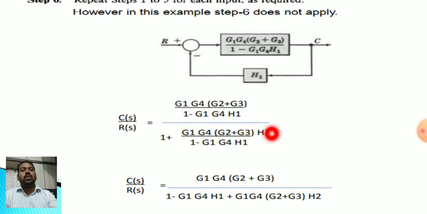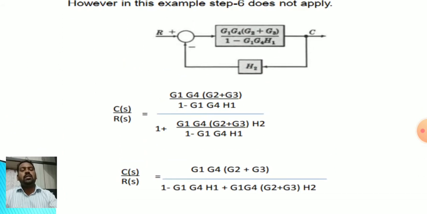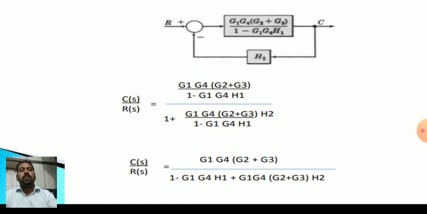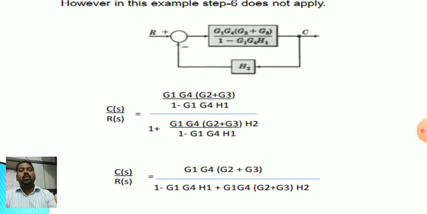Further you can simplify if possible, that is multiply inside G1 G4 into G2, or you can keep as it is, G1 G4 G3. In this example I will keep it as it is. Now take the LCM: 1 minus G1 G4 H1 here also, so both get cancelled, and in the denominator it becomes 1 minus G1 G4 into H1 plus G1 G4 into G2 plus G3 into H2. This is the transfer function for this example.